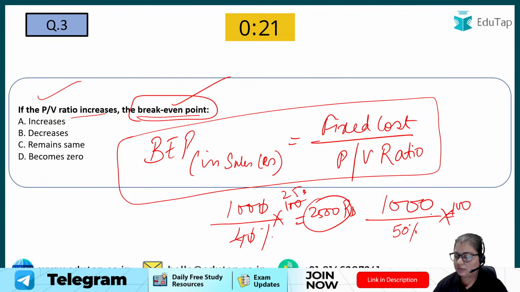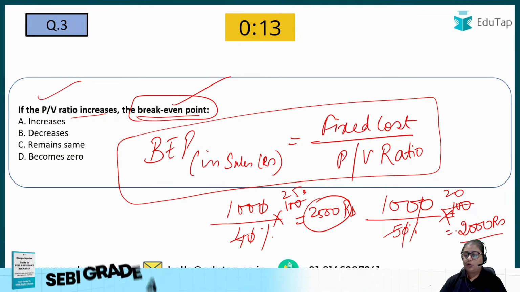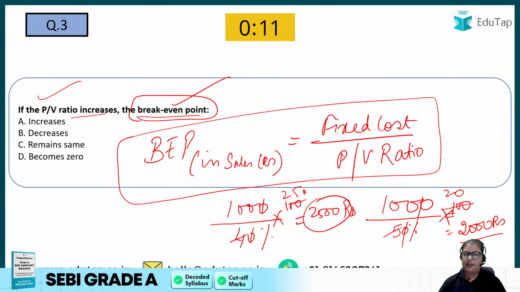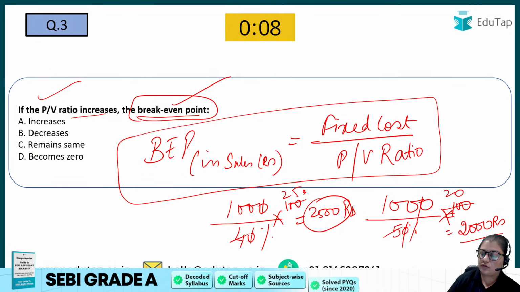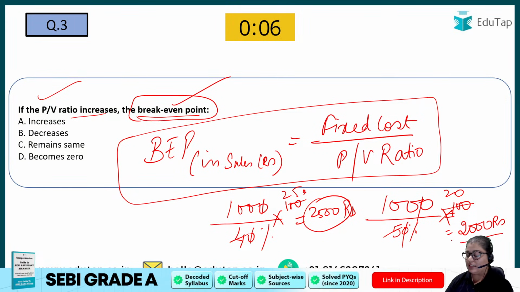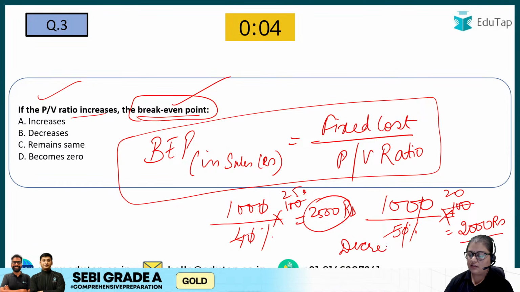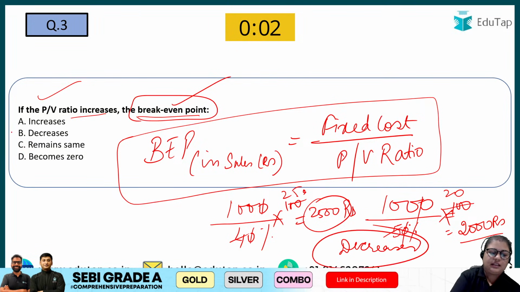In this case, just calculate this. So it is 2,000. 2,000 rupees is my break-even point. So when I increase my PV ratio, can you see what happens to the break-even point? It decreases. So hence my answer is option B.